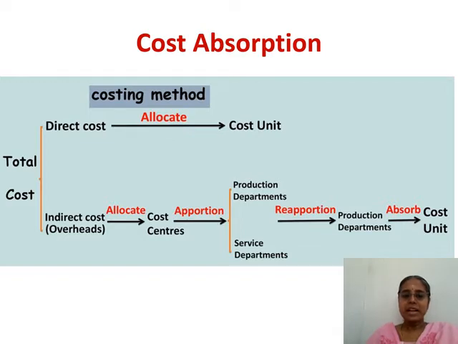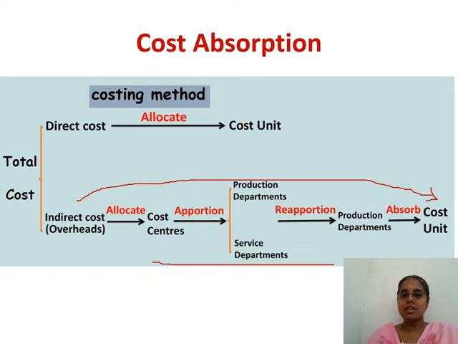Whereas the indirect costs, overheads, which I mentioned earlier, indirect material, labor, and expenses, you cannot directly assign to the cost unit. You have a process that is involved. So you will allocate it to a cost center. You will allocate it to a person or an equipment or a location. Then you will apportion. Here comes the important word, apportion. On a particular basis you will split.